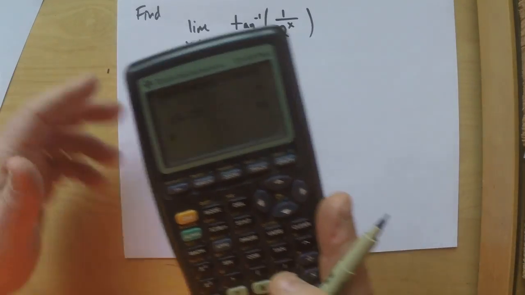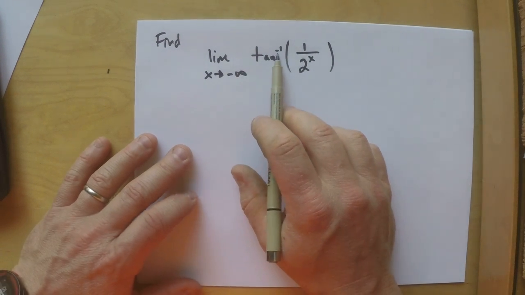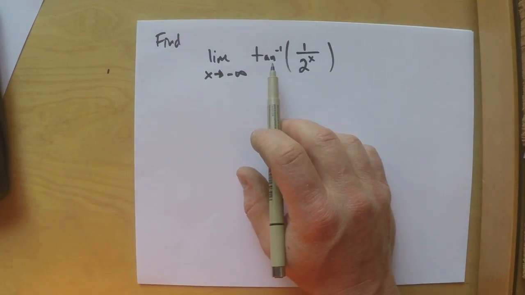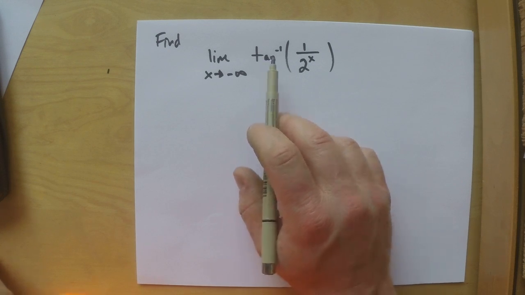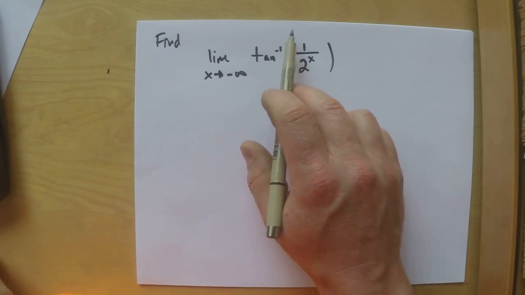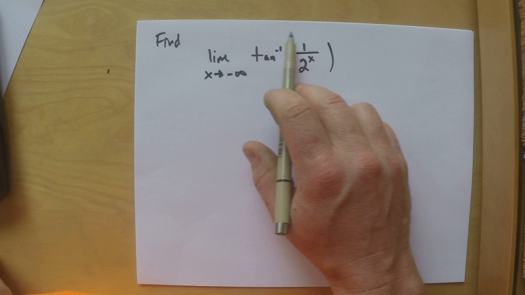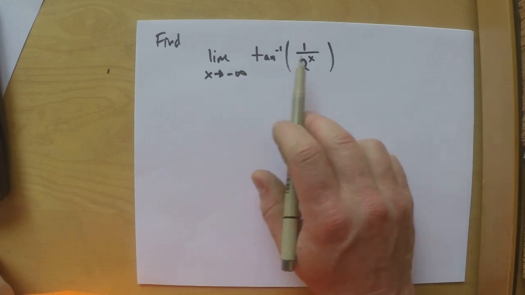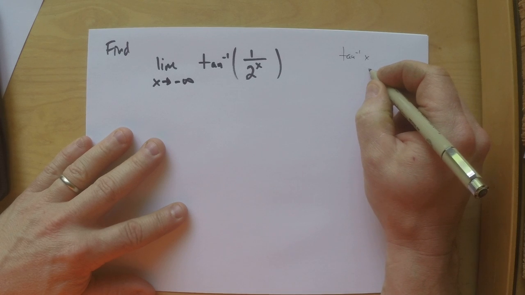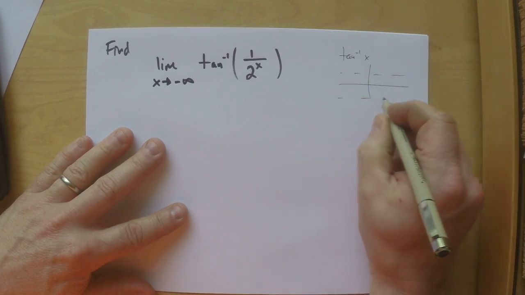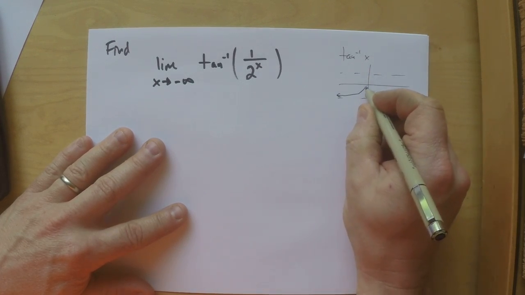Last one, just a little limit question with a little arctan thrown into it for the fun of it. So how would I go about analyzing this? Well, from a limit point of view, I wouldn't know to graph that very easily at all, okay? If it was just arctan, remember, just arctan itself, I should know that graph now.